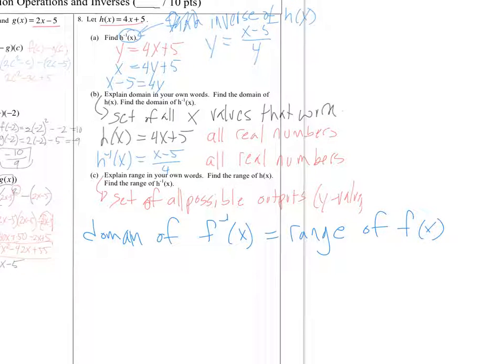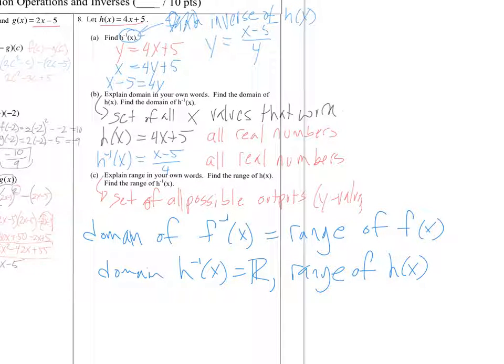We just did that for these two. Since the domain of h inverse of x is all real numbers, that means that the range of h of x is also all real numbers. The same would be true since the domain of h of x is all real numbers.